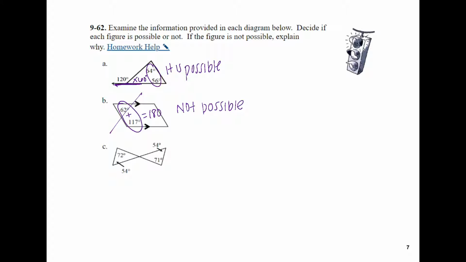When we look at this, we have alternate angles that equal 54 degrees. We then have these two angles are also alternate interior angles if these lines are parallel, and one equals 71 and one equals 72. So this is not possible either.